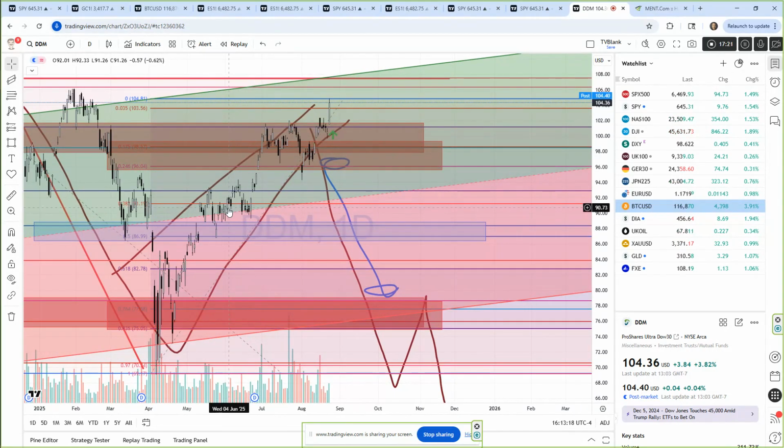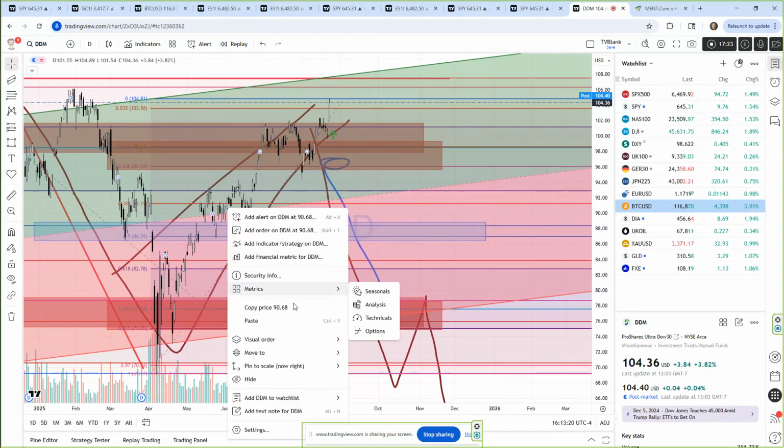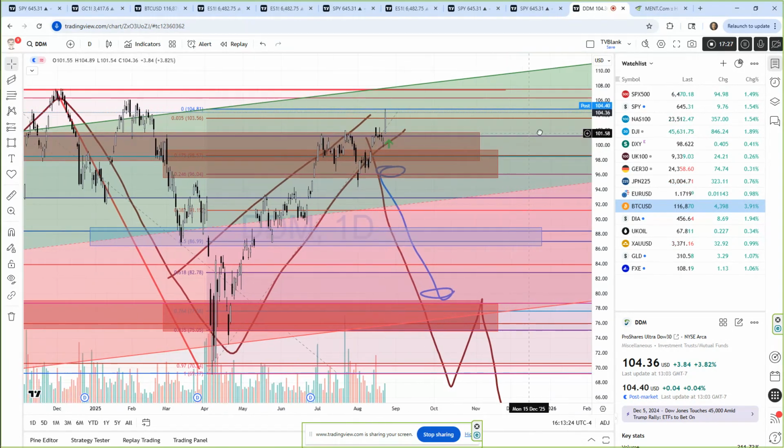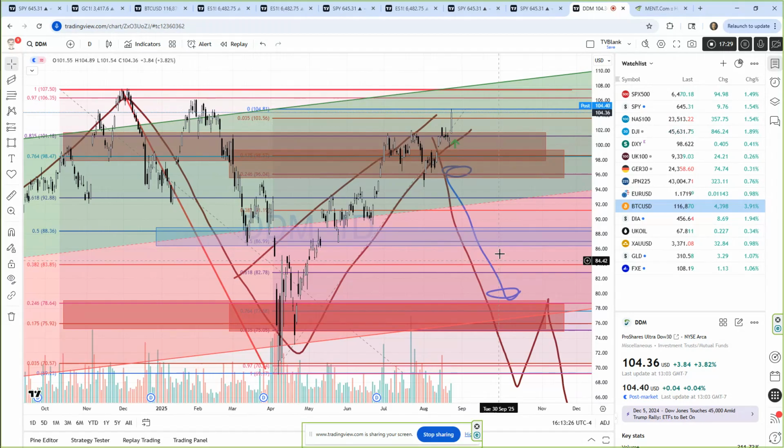So here we go. We'll come in here, trying to get the price back to the front. And we take a look at this. We move down into the regression channel. Here's our middle level of the regression channel, right at the 382 level. We move down to the 50 level here.